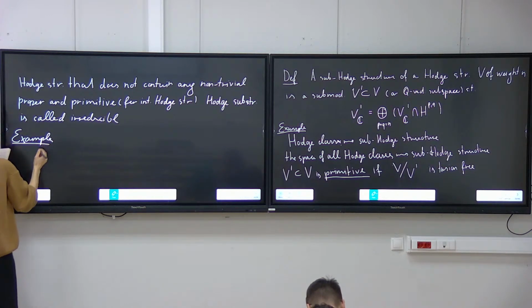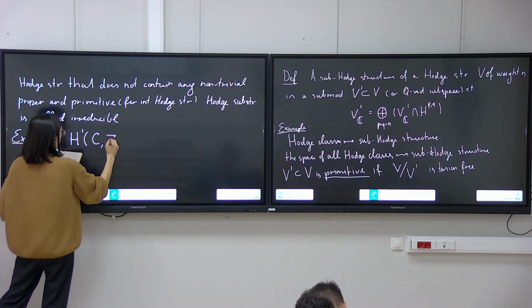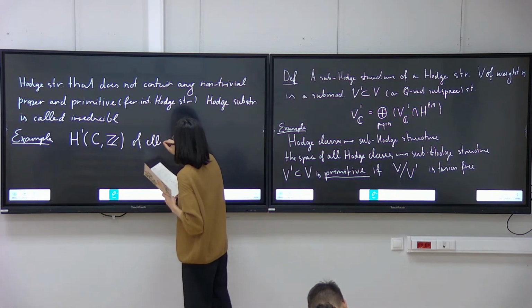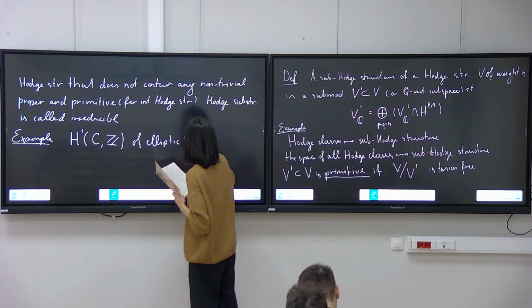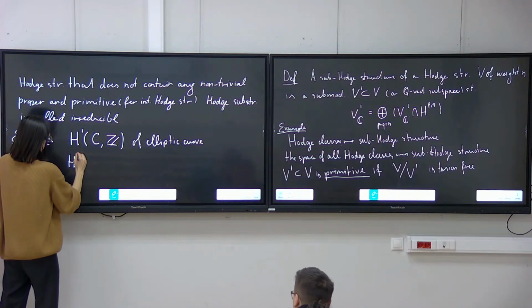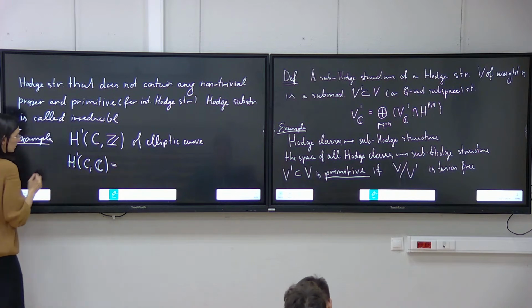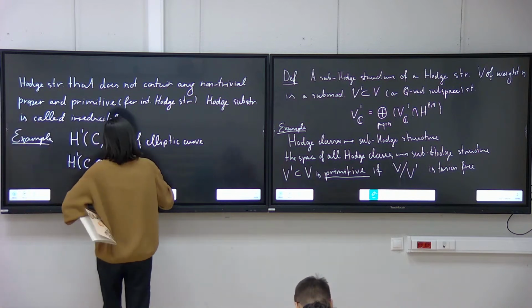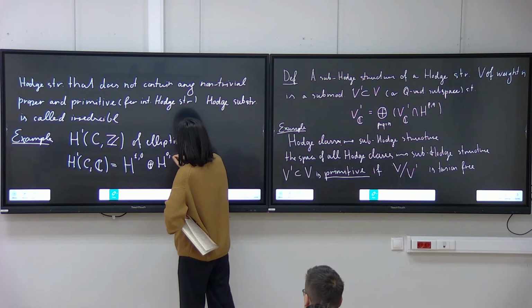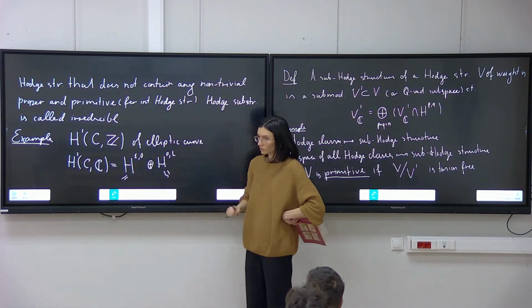An example of an irreducible Hodge structure is very easy to give, so you can just consider the first cohomology of an elliptic curve. Then, for an elliptic curve, this is decomposed into H^{0,1} and H^{1,0}, and what vector spaces are these? This and this.